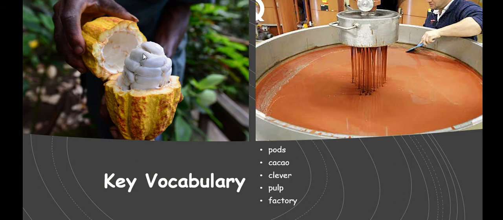When you open the pod, you find this pulp. Clever. Clever is someone who's intelligent or smart. Factory. Factory is a large building where goods or food are manufactured. And once you go inside the factory, you find these machines.